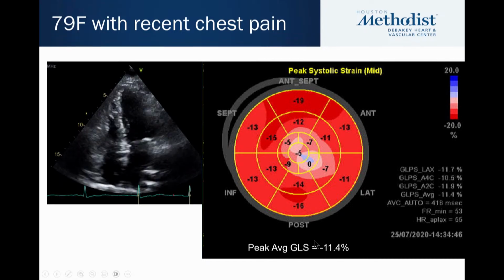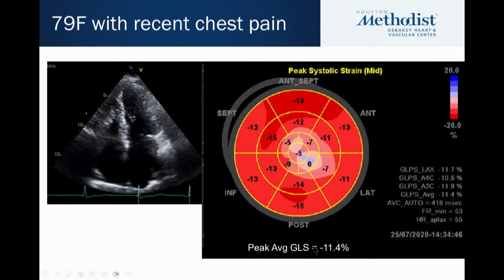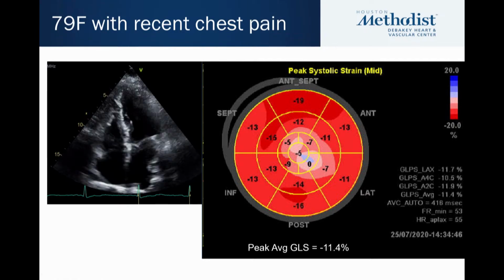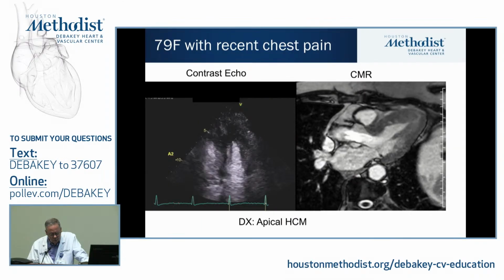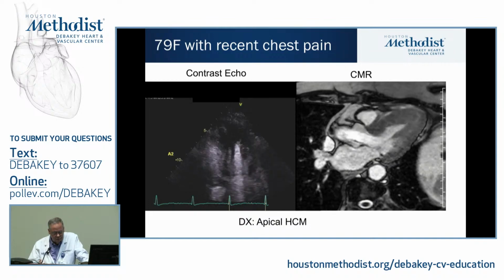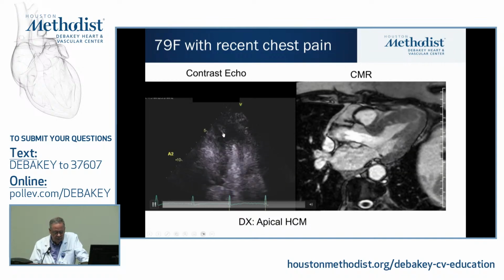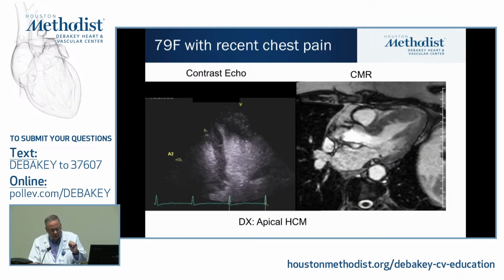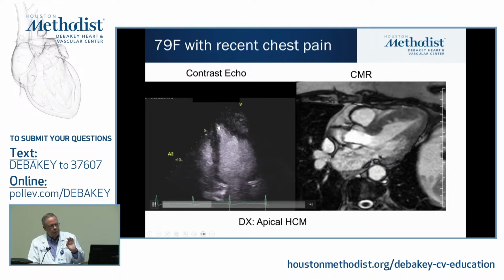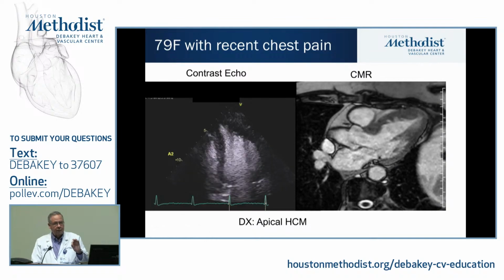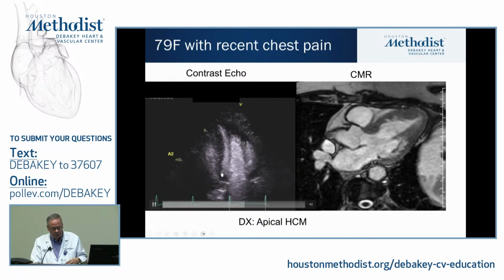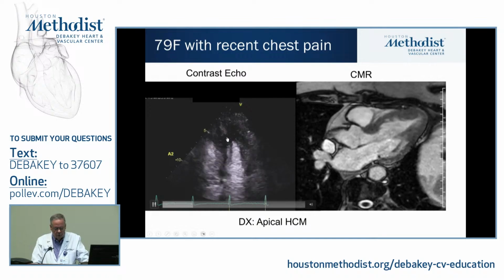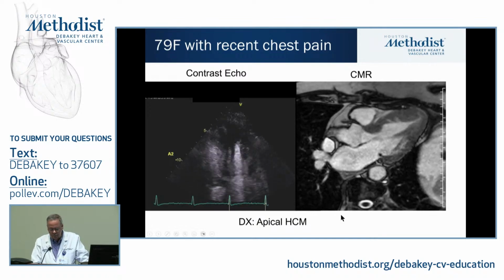Why is the global so low? That's just a little worrisome. Well, there's your answer. When contrast is given, this is somebody that has, of course, the apical variant of HCM. But again, the little tip of the apex being very abnormal by strain is a tip-off that something else is going on. Contrast is given, beautiful contrast, very good agreement with the CMR.